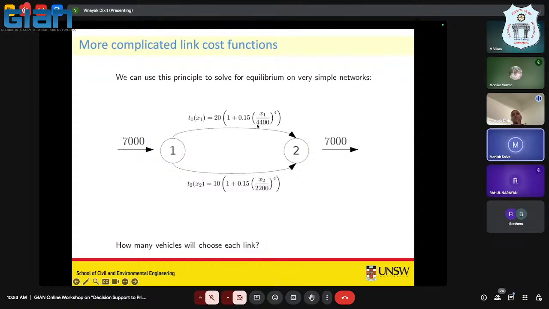So x1 divided by x2 should be equal to 2 raised to power 3 by 4. That is one equation. And x1 plus x2 is equal to 7000. If you take this travel time should be equal to this travel time, you'll end up with an equation which you can then solve.